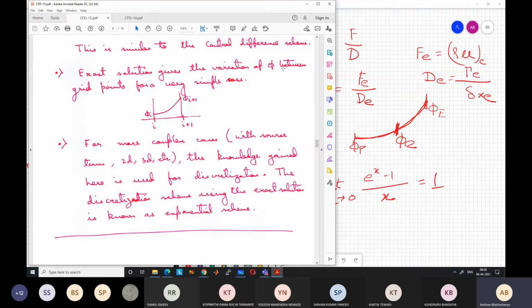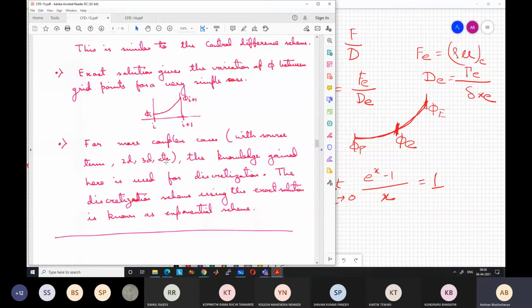For more complex cases, such as with source term, or for 2D or 3D problems, the solution is not exactly like this. Okay. But the knowledge gained here can be still used for discretization because the variation is similar. Although the solution is not exactly like this, the variation is similar. Okay. So we can devise or we can engineer a discretization scheme based on this knowledge that we have gained here even for 2D or 3D problems.